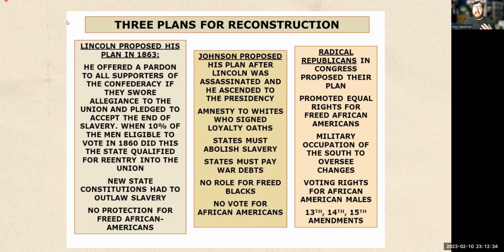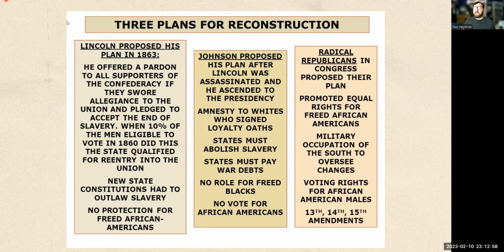So when we have this sentiment from the Northern Congress people about wanting to punish the South, they're really wanting to punish the politicians, but instead they're punishing the people who had suffered the most through the war. So it's a really tricky issue, right?